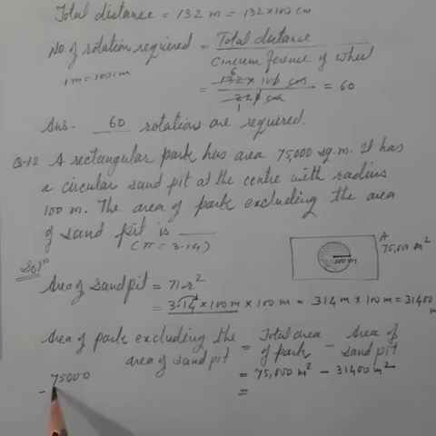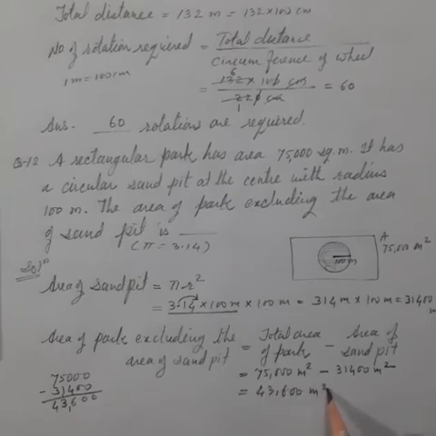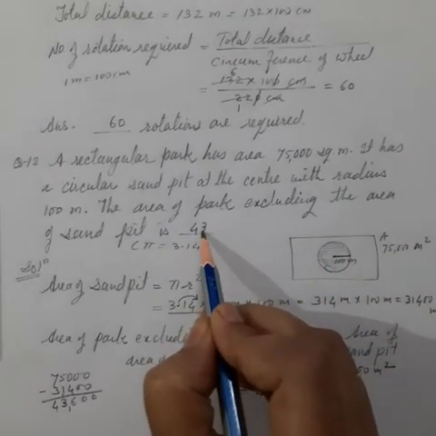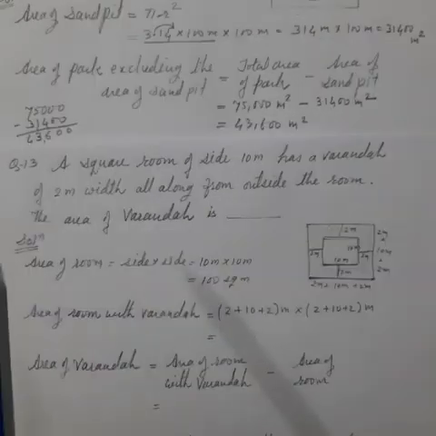Subtract it from 75,000. 0, 0, 10 minus 4, 6, 1 and this is 3 and 4. 43,600 meter square. So the remaining area is 43,600 meter square.